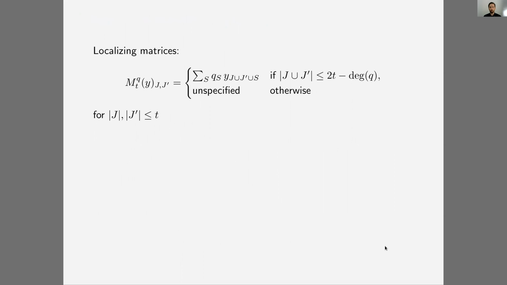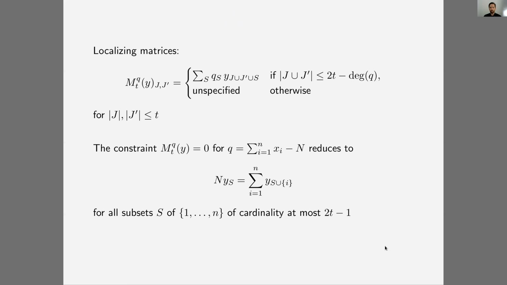So why is it very complicated? Here we have again the definition of the localizing matrices. Setting this matrix to 0 for this polynomial reduces to this very large set of constraints: n times y_s is the sum over i of y_{s union i}. How can you see that? This is the polynomial q.